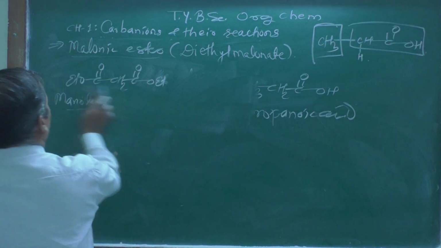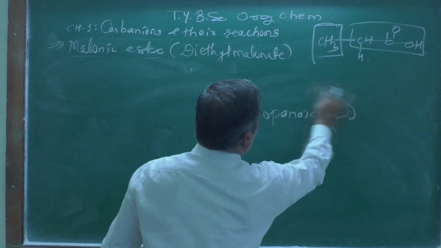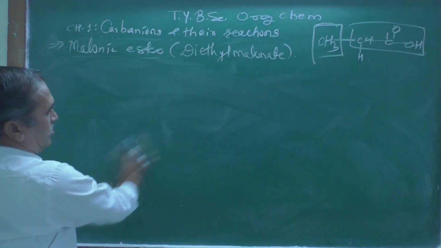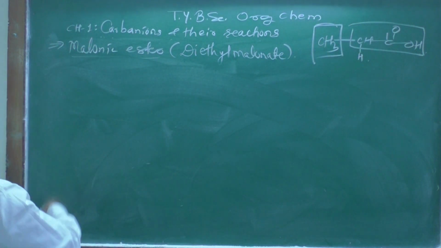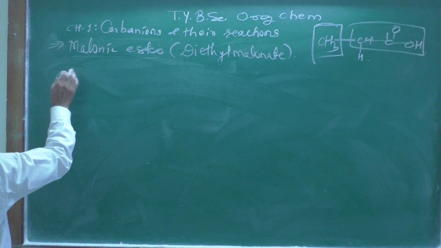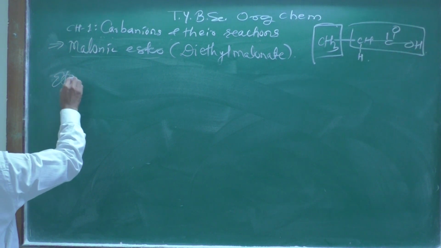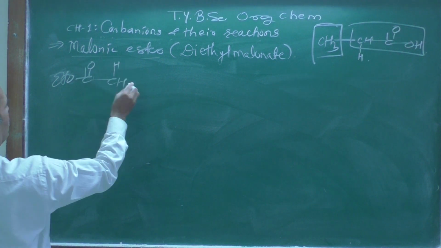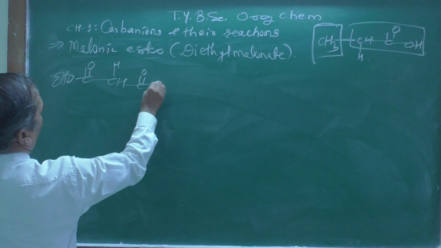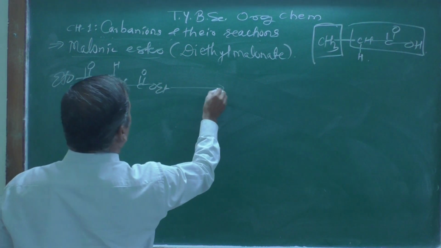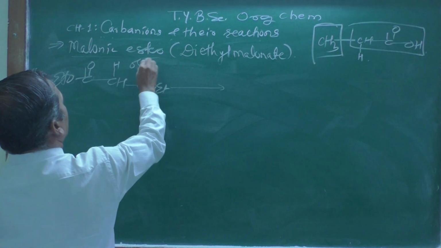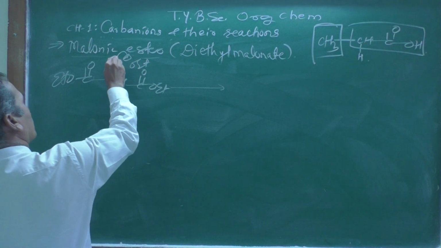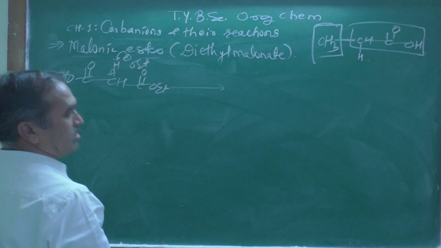For the mechanism, I am writing this compound suitably here: EtO, then C double bond O, CH with one hydrogen, C double bond O and OEt. Now we are adding OEt minus, which is a base that will abstract the proton and form the carbanion.